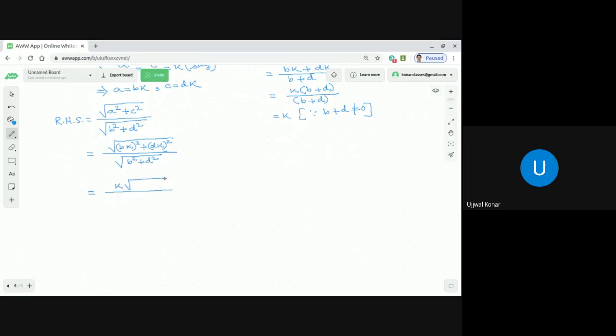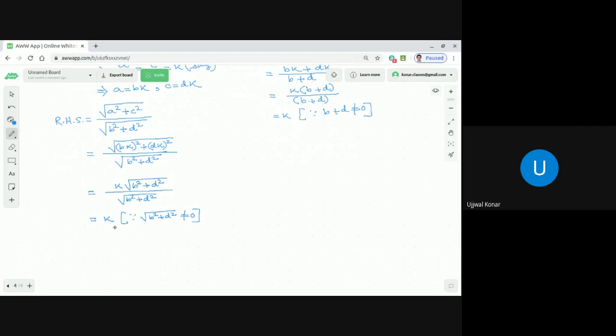We get in the numerator square root of (B square plus D square), divided by the denominator square root of (B square plus D square). So that is equal to K, since square root of (B square plus D square) is not equal to 0.